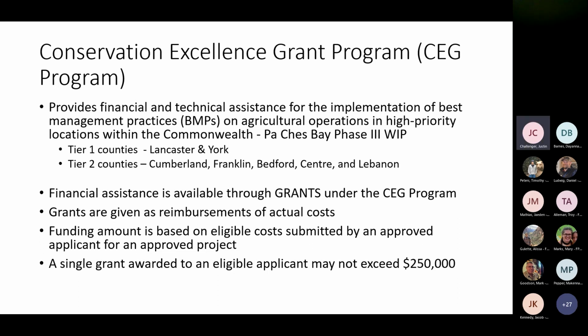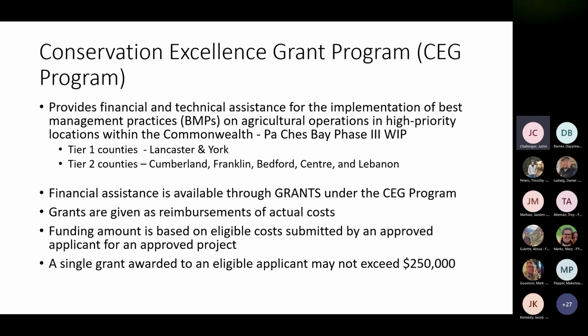Again, this is financial and technical assistance to the counties and to farmers for best management practices in high priority locations in PA, under the Chesapeake Bay Phase 3 Watershed Implementation Plan. So tier 1 counties are Lancaster and York; tier 2 are Cumberland, Franklin, Bedford, Centre, and Lebanon.